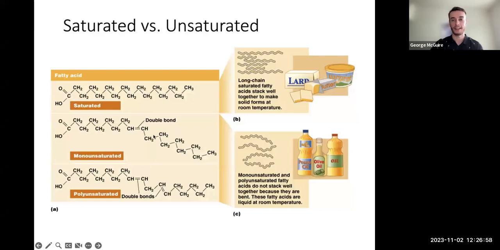An unsaturated fatty acid has at least one double bond between their carbons, and thus will have less hydrogens. And so beyond that, we have mono unsaturated fats or fatty acids, meaning there is one double bond in their chain. And then we have poly unsaturated fatty acids, which have two or more double bonds along their carbon chain.